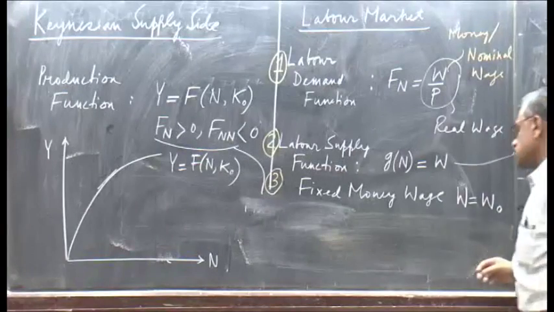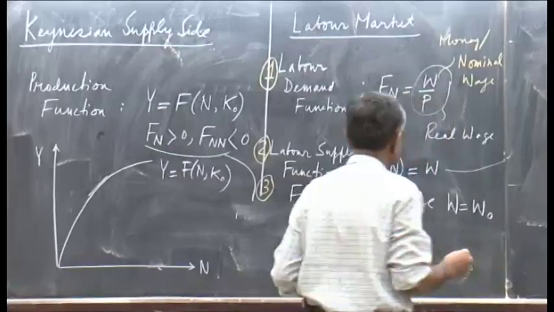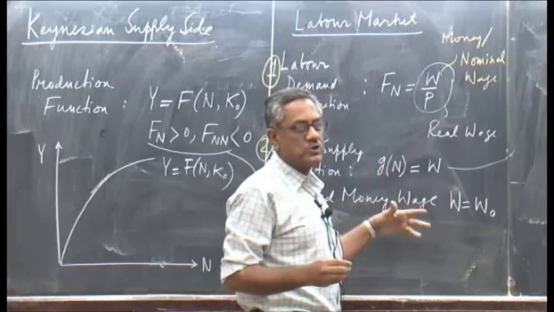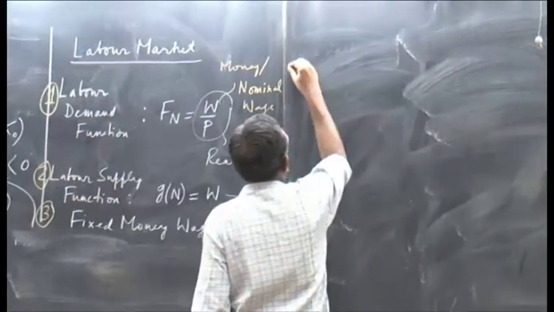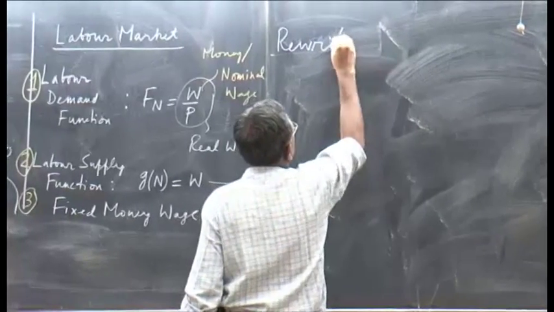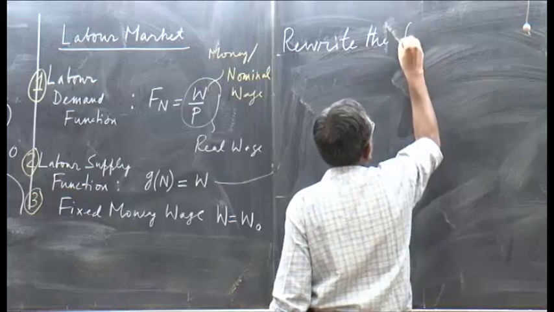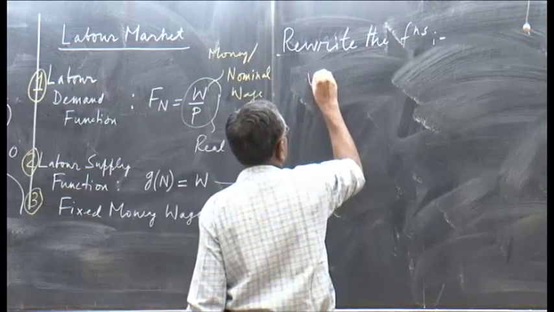So in the Keynesian supply function, you can see one thing: there are some equations which will become redundant. So now rewrite the equations, the functions. You have a production function.